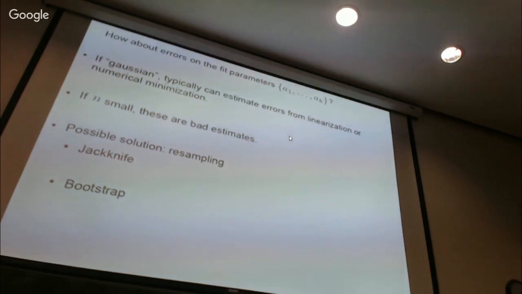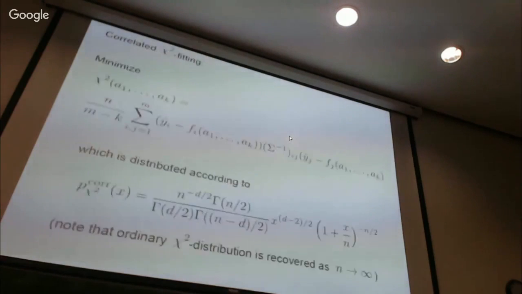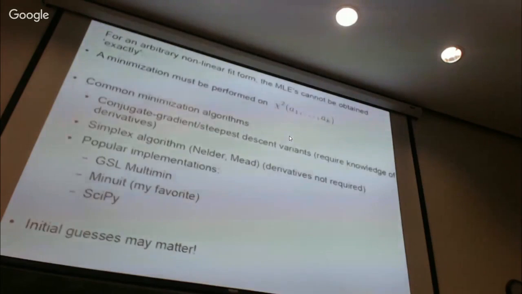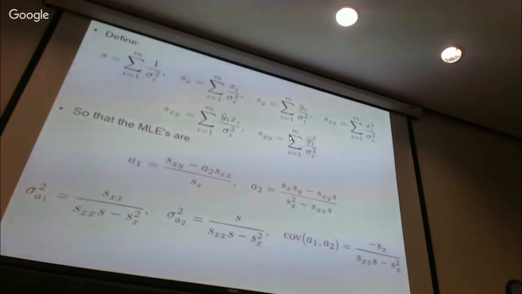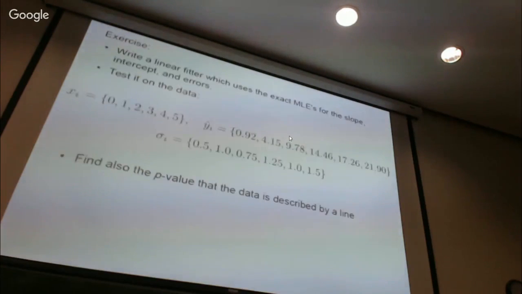In fact, the errors I gave for the simple linear fit a few slides ago are just that. So you see here, I give estimates for the errors on the fit parameters as well as the covariance between them. Those are just obtained by naive error propagation, which is fine if you're in this Gaussian regime.